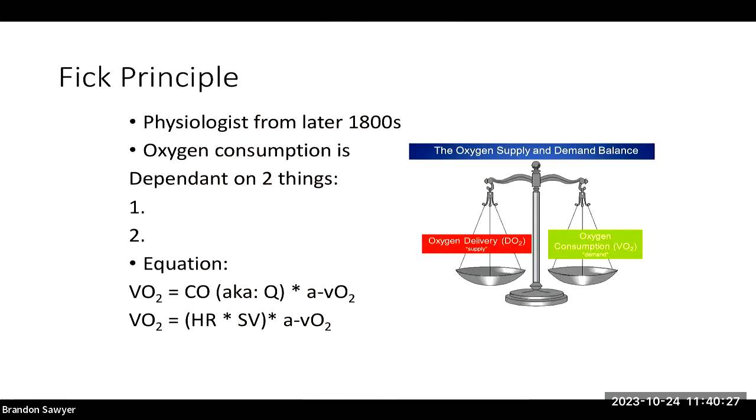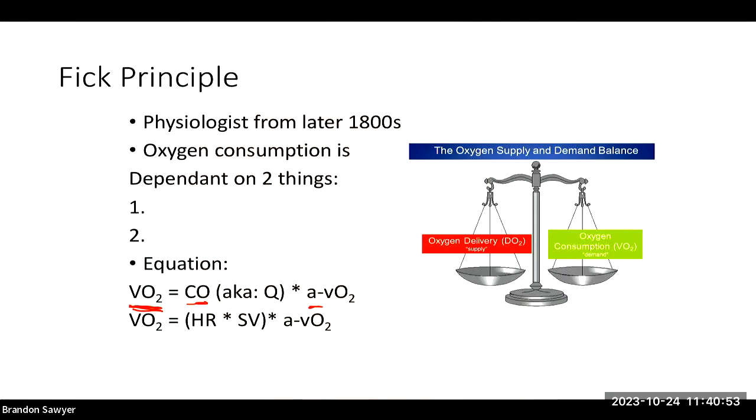Okay, so we're going to dive into what's called the Fick principle. The Fick principle is really telling us that oxygen consumption, which is called VO2, is dependent on two things. And the things we've just been talking about are cardiac output. And then the second one is called AVO2 difference. We'll talk about what that one is in a sec.